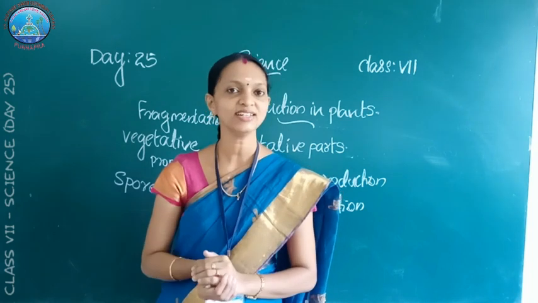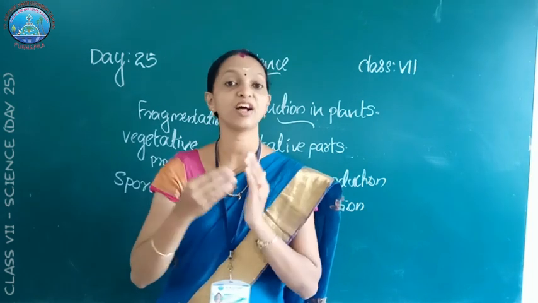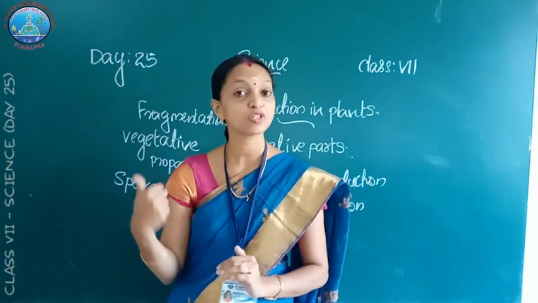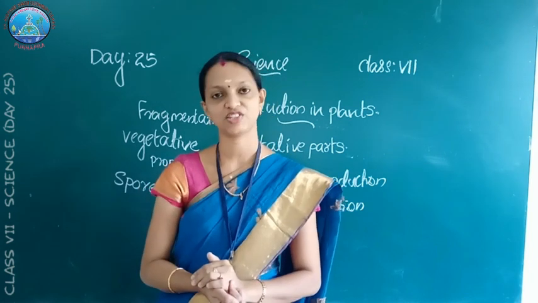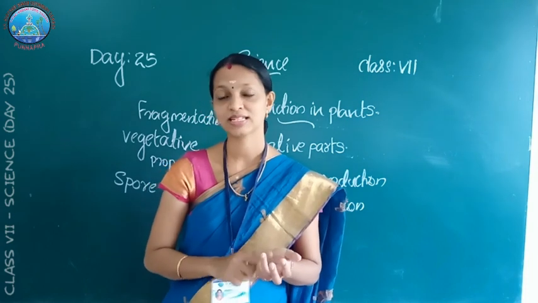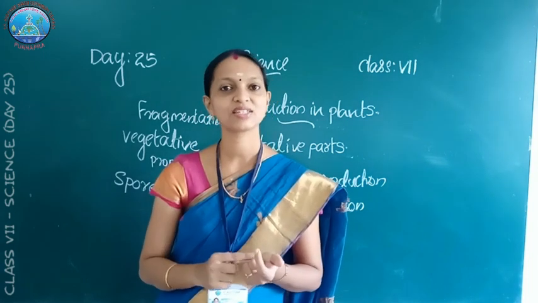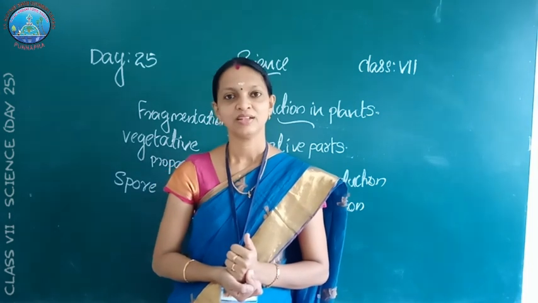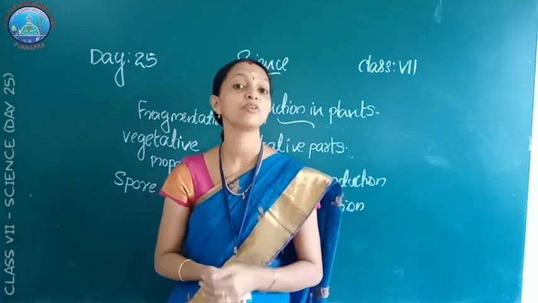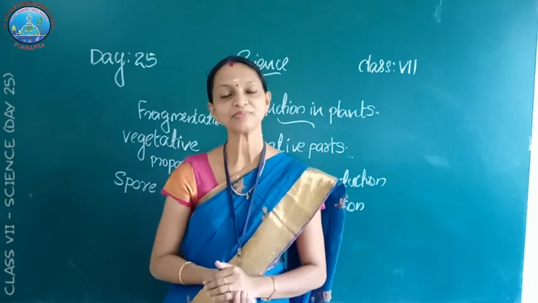In sexual reproduction, new plants are obtained from seeds. In asexual reproduction, the first method is vegetative propagation. What are the vegetative parts in plants? Roots, leaves, stems, etc. The new plants obtained from these vegetative parts are called vegetative propagation.